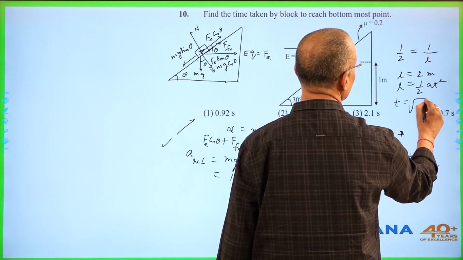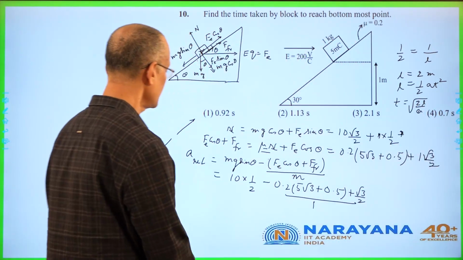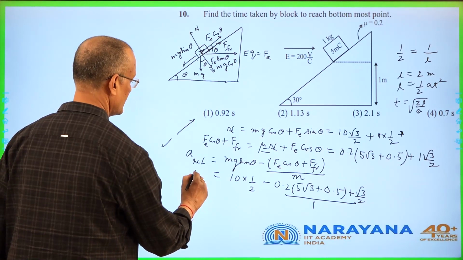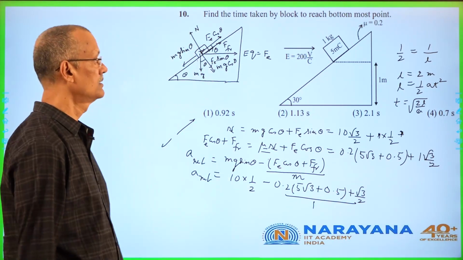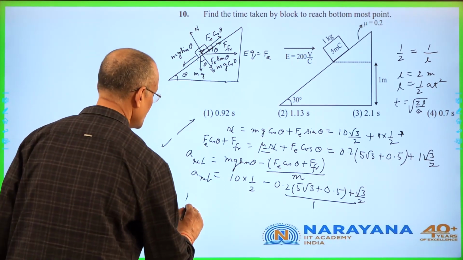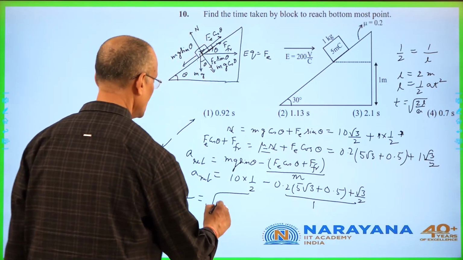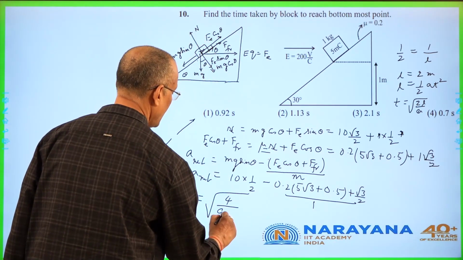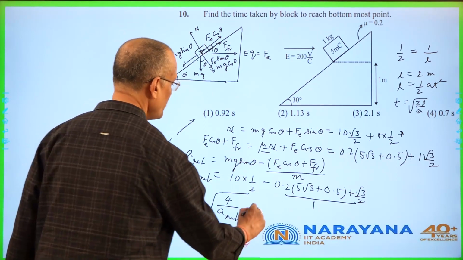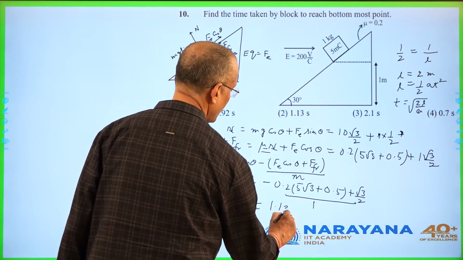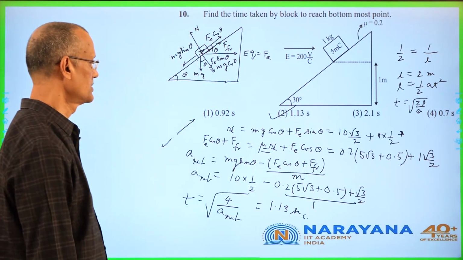T will be equal to the square root of 2L by A, where this is your A net. Now calculate A net from here and substitute it under the root 2L by A net. When you calculate, you will get 1.13 second. Answer will be option number 2.